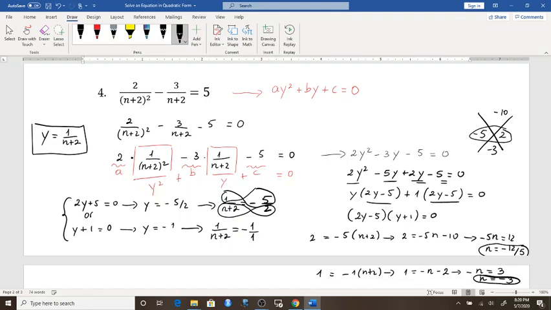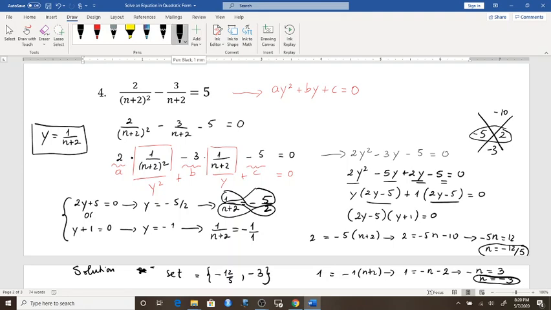So the solution set: we found these two solutions. One is negative 12 divided by 5, and the other one is negative 3.